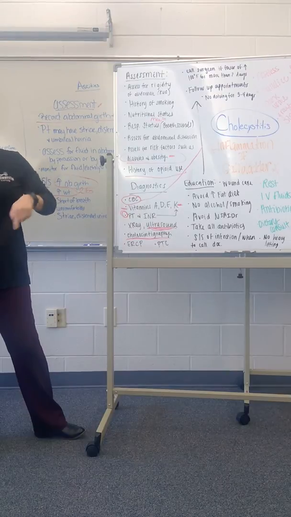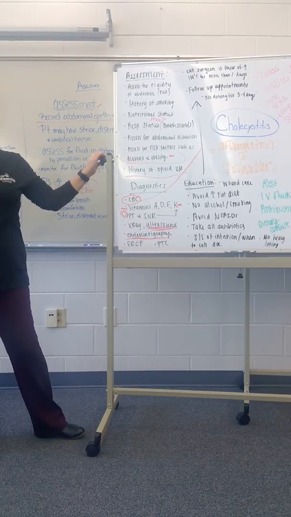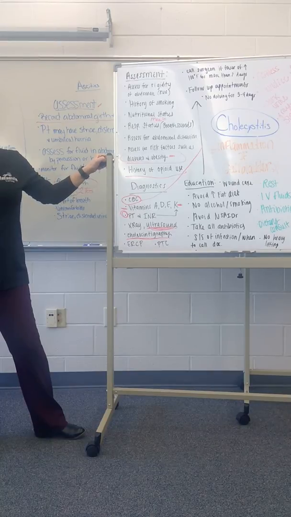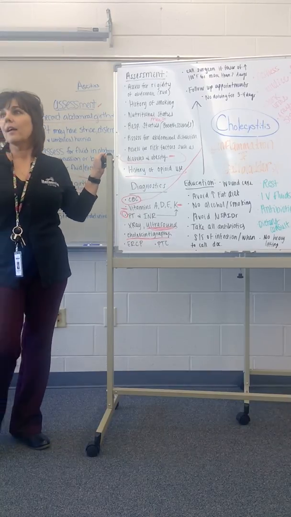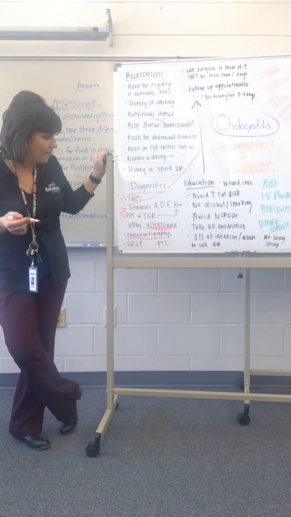So there's a scope with a camera on the side of it. They can get down into that common bile duct and see if there's any stones in there. And they can retrieve those stones a lot of times with those ERCPs. Now that can throw a patient into pancreatitis, but it's rare, but it can happen.